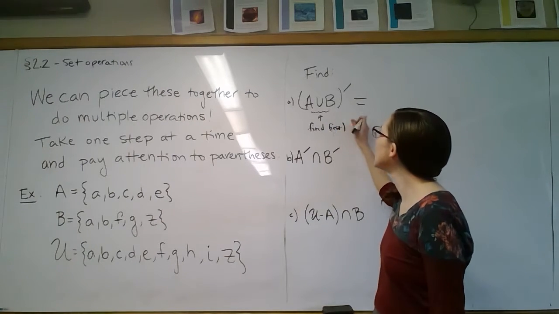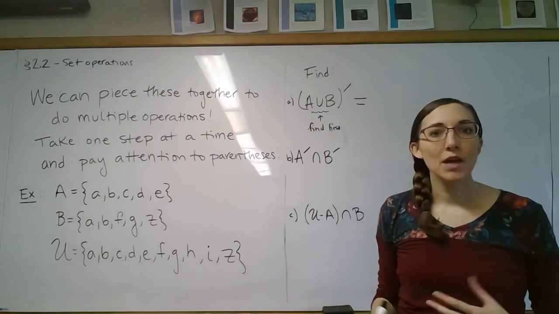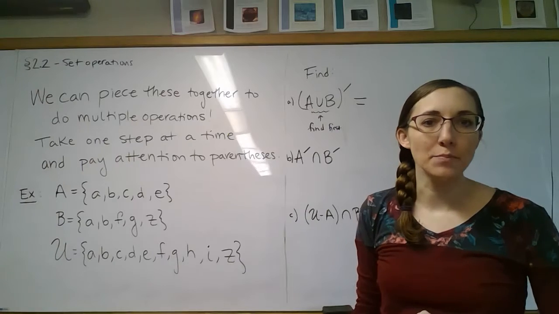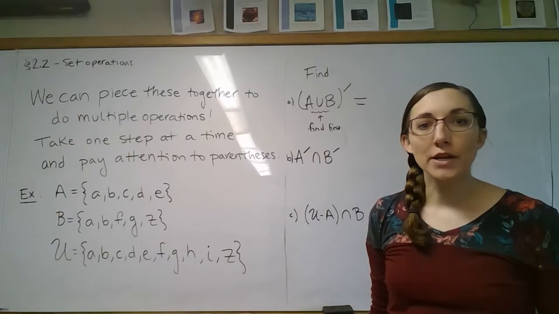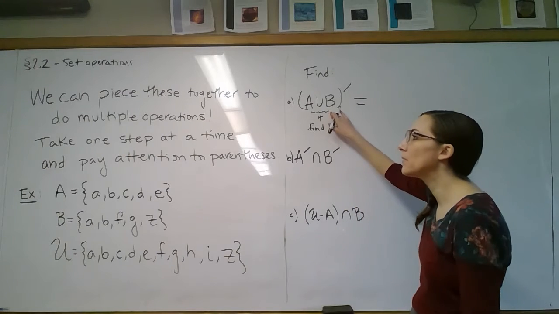If we have it written down from last video, we could rewrite it, because we already found it in a previous video. Or we could look for it again. Remember, A union B says lump them together.